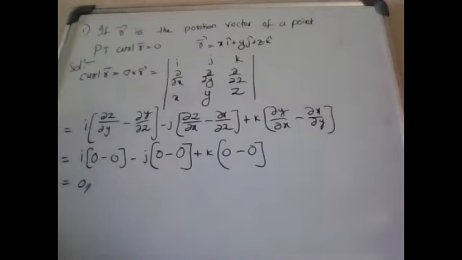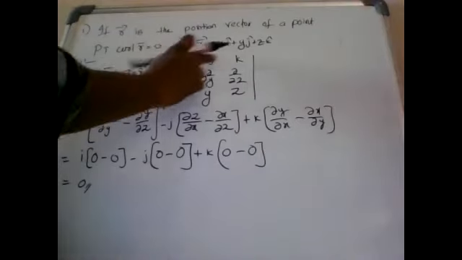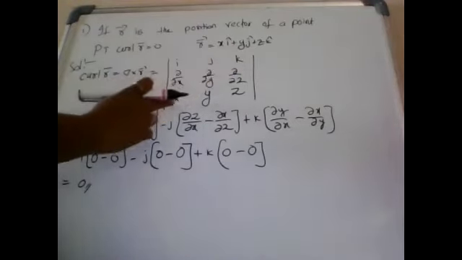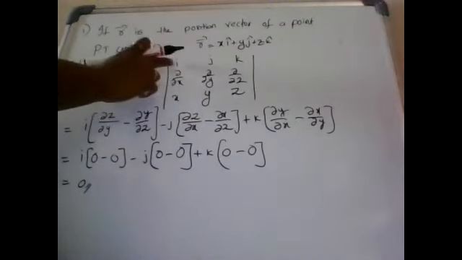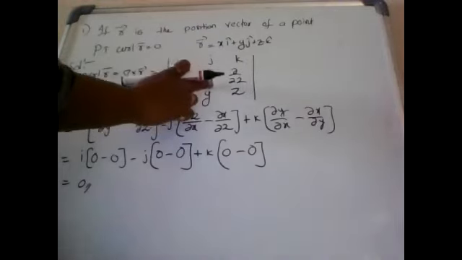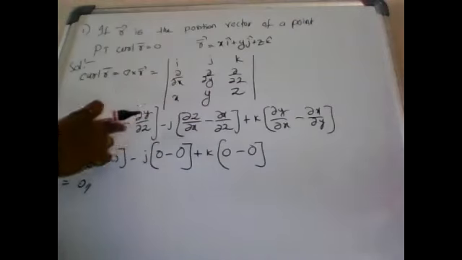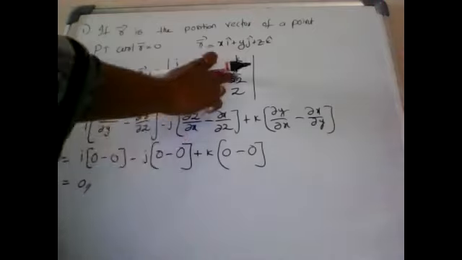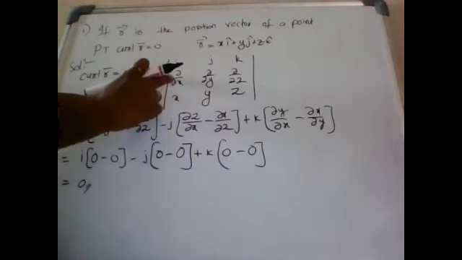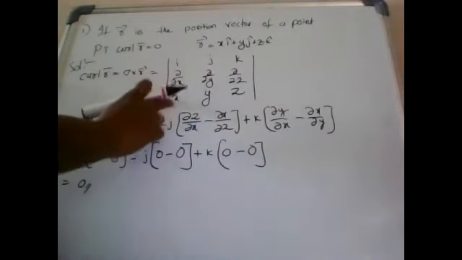So in the proof, r bar is a position vector. Then r bar equals x i plus y j plus z k. Next, curl r bar we can write as del cross r bar. So here i, j, k, dou by dou x, dou by dou y, dou by dou z, x, y, z. The determinant of this is i into dou z by dou y minus dou y by dou z, minus j into dou z by dou x minus dou x by dou z, plus k into dou y by dou x minus dou x by dou y.